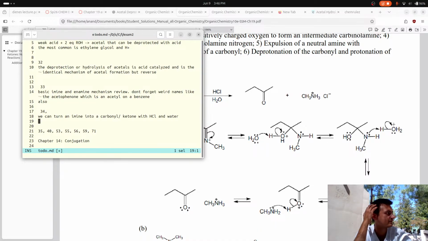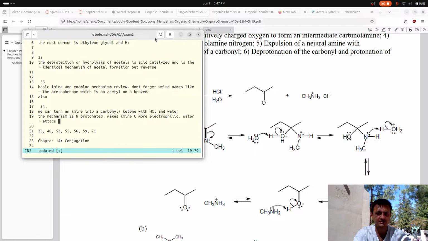I don't think I have that mechanism. The mechanism is: N-protonated makes imine C more electrophilic. Water attacks. Then deprotonates.